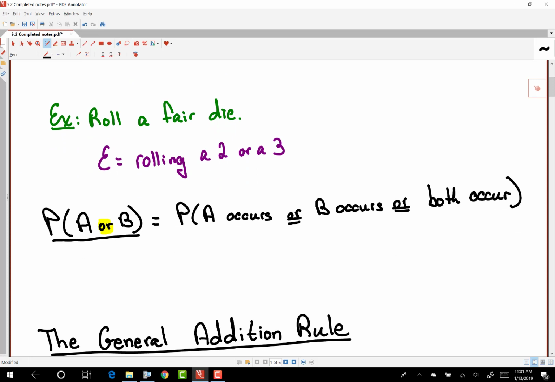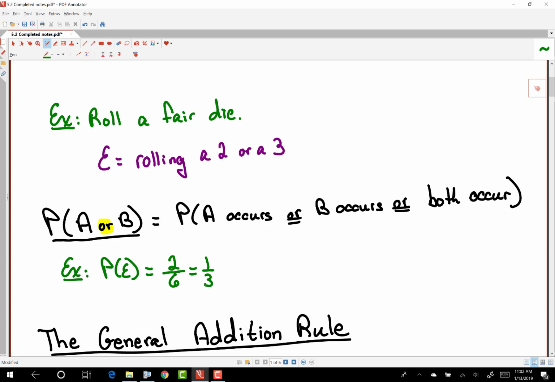Okay, so for our example, where we're rolling a fair die and event E is rolling a 2 or a 3, then the probability of event E would be, there's one way to get a 2 and there's one way to get a 3. So there are 2 ways out of 6 total, which is 1/3.